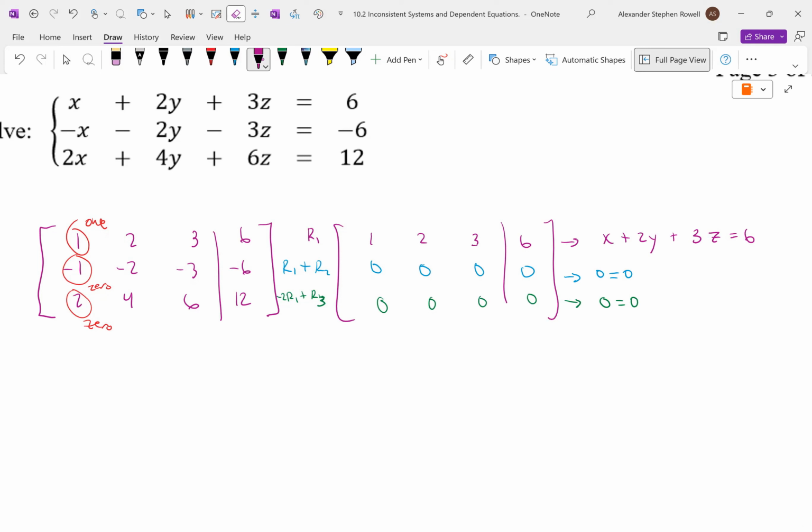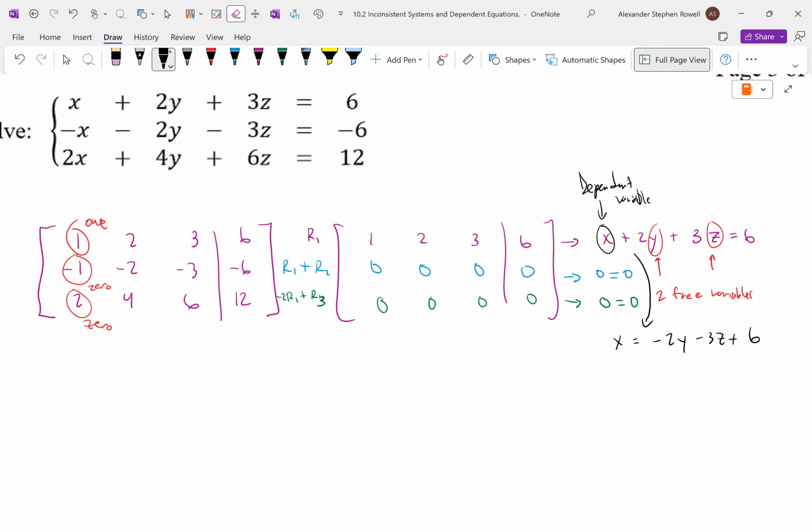What's our dependent variable? X. What's our free variable? We have two free variables. Y and z can be anything. So we want to solve for x. X is equal to negative 2y minus 3z plus 6.